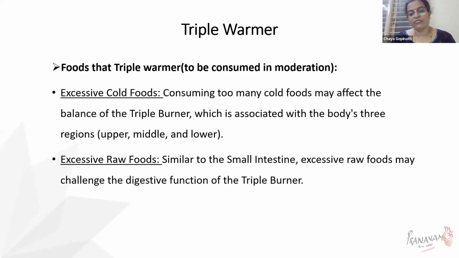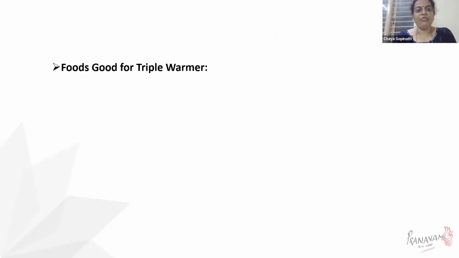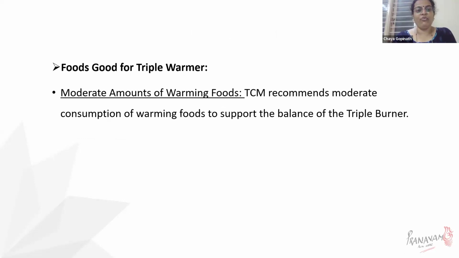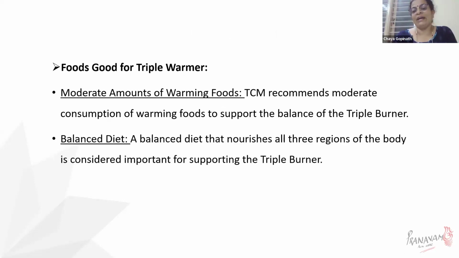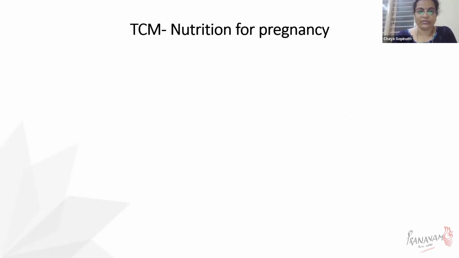Excessive raw foods will cause imbalance in the middle warmer, so that is not good. Foods good for triple warmer are a moderate amount of warming foods and a balanced diet with all required essential nutrients. This is very good for your triple warmer.